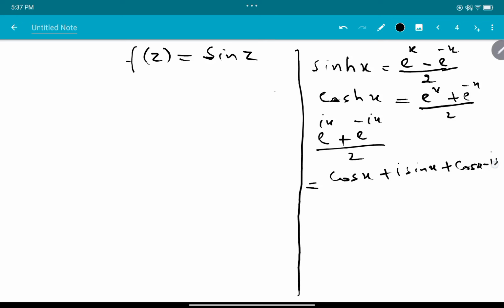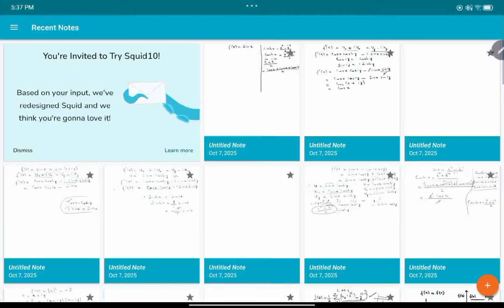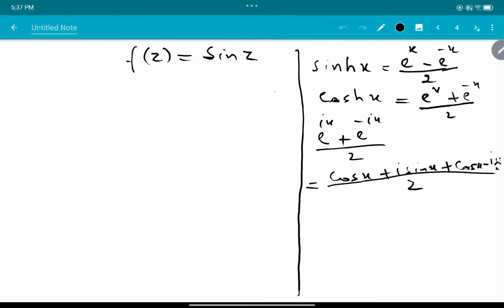The i sin x terms cancel. We are left with 2 cos x divided by 2, and the 2s cancel out. We get cos x.